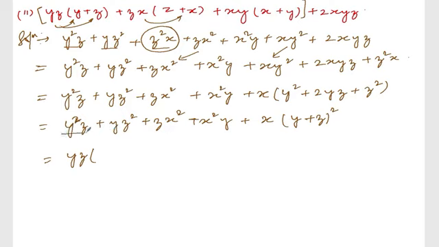From these two, this one and this one, if you take yz common, it will be from here y plus from here z. Let me check.